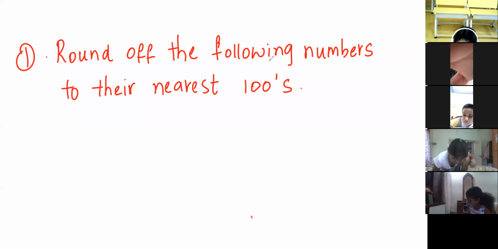Then go back to the tens place number and see whether the number is greater than 4 or less than 4. If the number is greater than 4, then you have to add 1 in the hundreds place. If the number is less than 4, then no need of adding 1 in the hundreds place. You should keep the same number as it is.